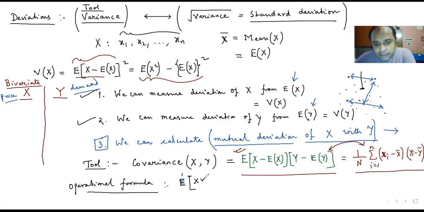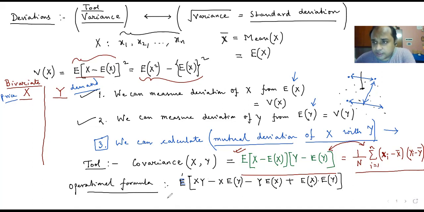So we multiply xy, and then we multiply x with the quantity expectation of y. Then we multiply y with the quantity expectation of x, and then we multiply the two expectations together, expectation of x into expectation of y. I'm going to write it on the next page. So this is the expression after multiplication.